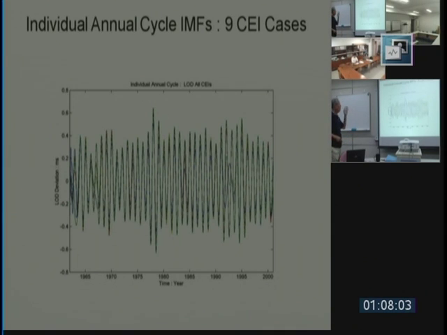I plotted all 9 components, 9 different trials of the annual cycle. I plotted over here. Remember before I plotted the envelope. The envelope looks so different. If you plot everything together, you find that all 9 cases fall together. At least in the time space, the frequencies are reasonably good.